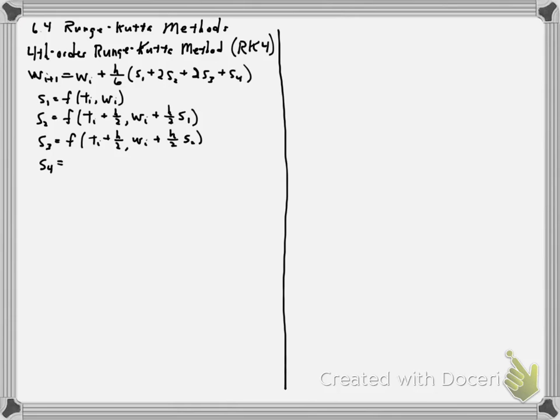So you can see that S1, we're evaluating the function at a left endpoint. S2 and S3, we're evaluating the function at a midpoint. S4, we are evaluating the function at the right endpoint. So it's f of t sub i plus h, W sub i plus h S sub 3.